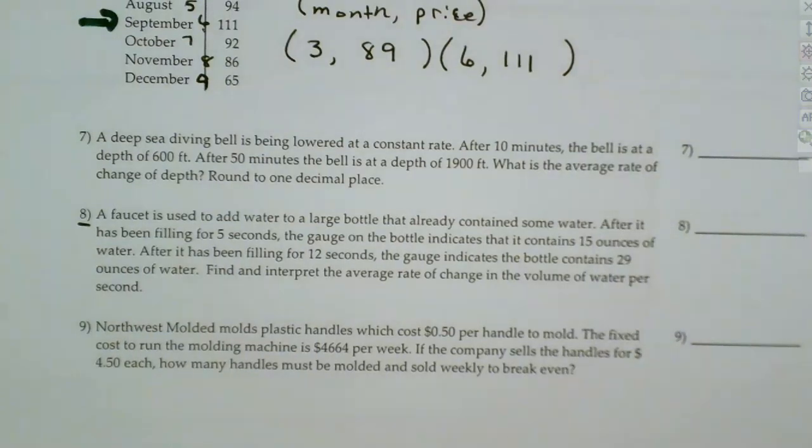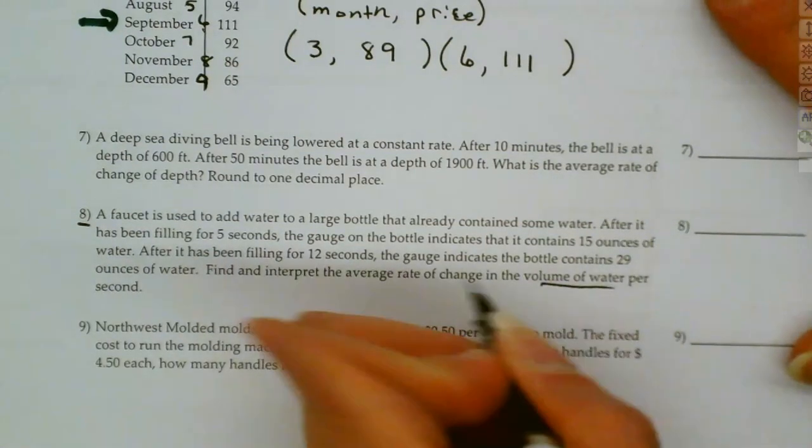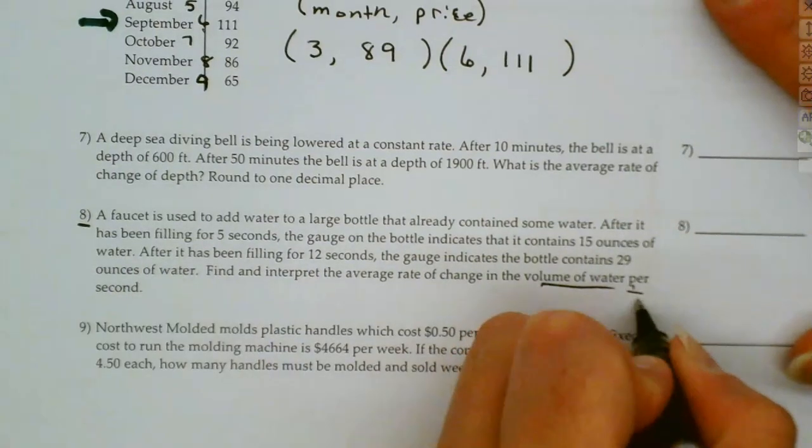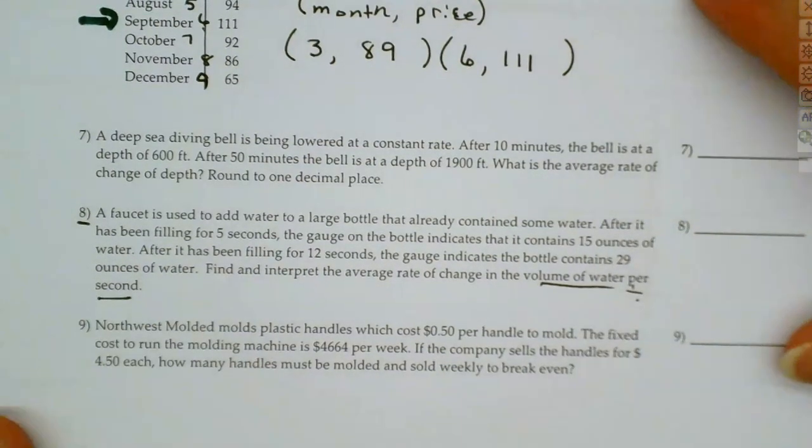After it had been filling for 5 seconds, the gauge on the bottle indicates 15 ounces of water. After 12 seconds, it contained 29 ounces of water. Find and interpret the average rate of change in volume of water per second. So, volume of water per, means divide, second.